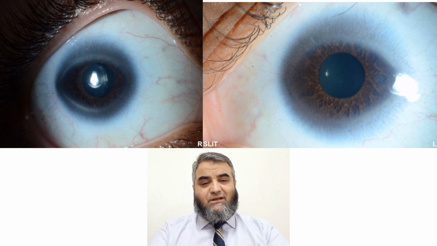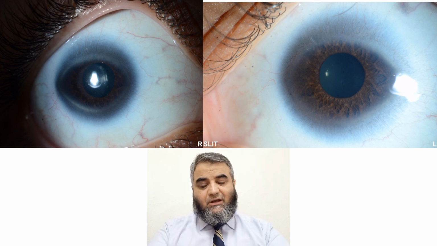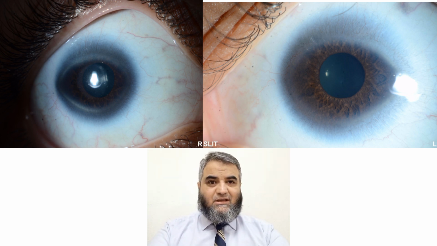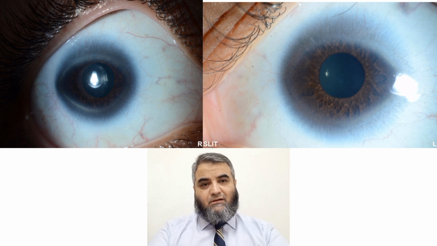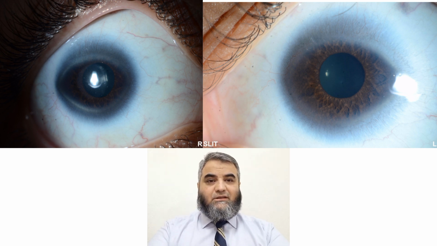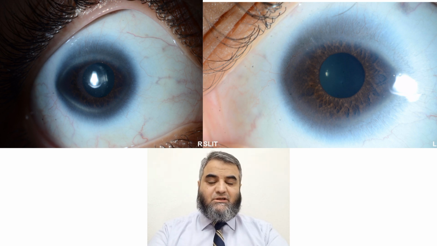I mentioned that we have to prevent amblyopia in these patients. The second most important thing is that, because of the small eyeball, these people are prone to develop angle closure glaucoma. So it is very important to regularly monitor these patients for angle closure glaucoma.